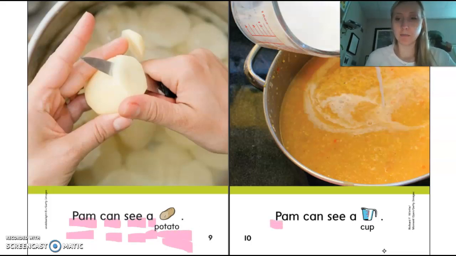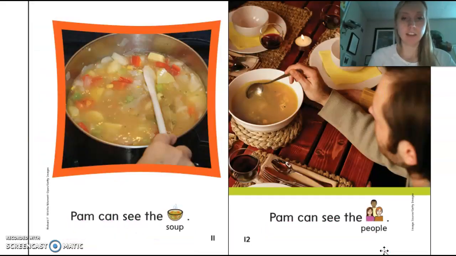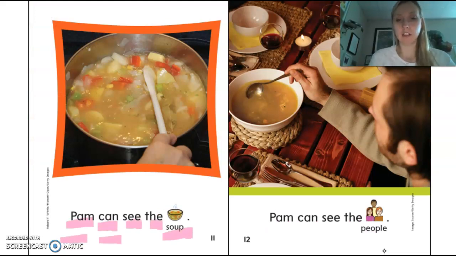Okay, my turn. Pam, do it with me. Pam can see a cup. Your turn. Okay, next. Pam can see the soup. Your turn. Pam can see the people. Your turn.